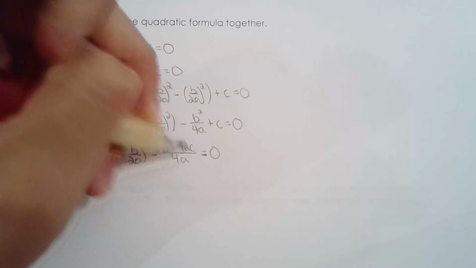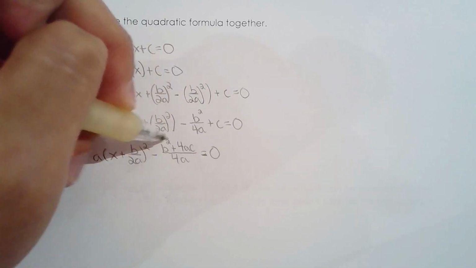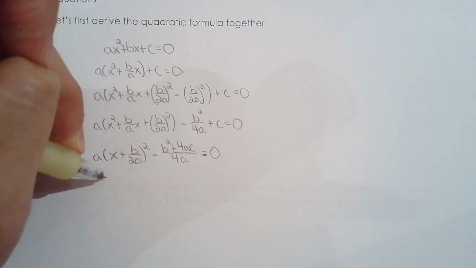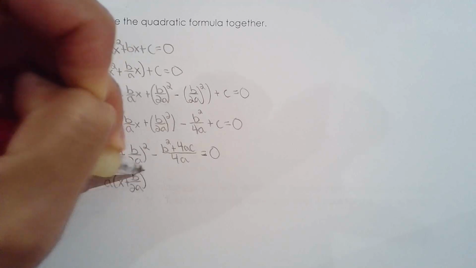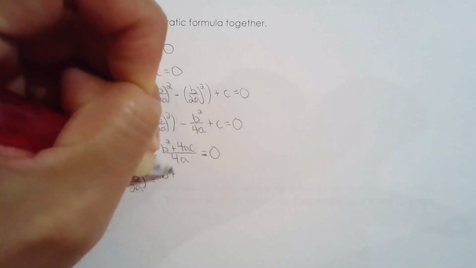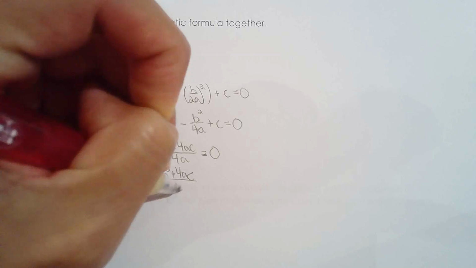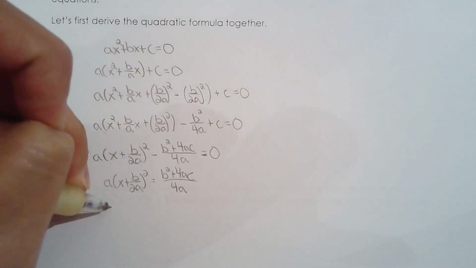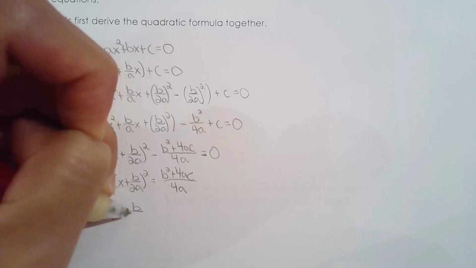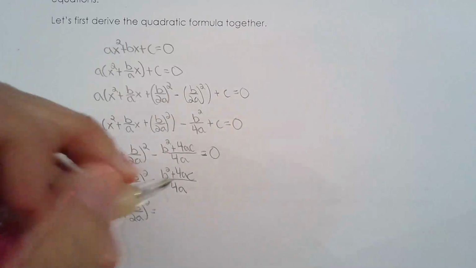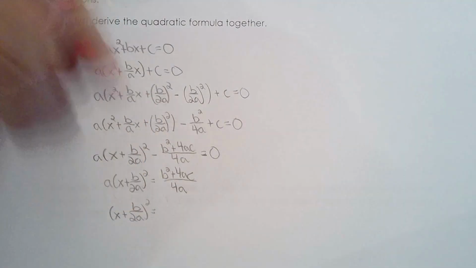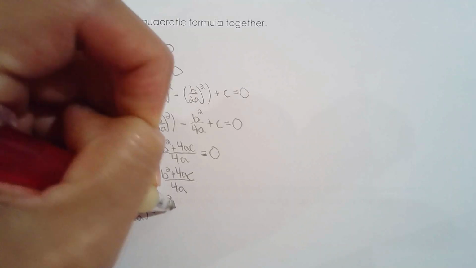So I'm going to add b squared minus 4ac over 4a to both sides, and then divide both sides by a. Sorry, divide both sides by a. So this would be 4a squared in the denominator.